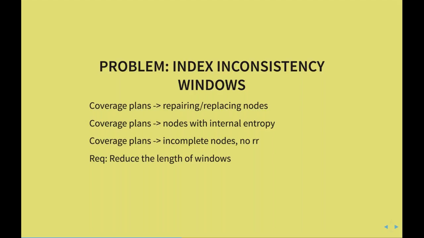The other thing is that within a vnode on a physical node, we can have internal entropy issues. When the LevelDB backend writes a key value change and some index changes with it, that's written transactionally as one write operation.